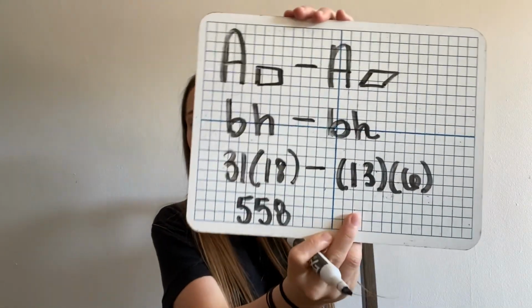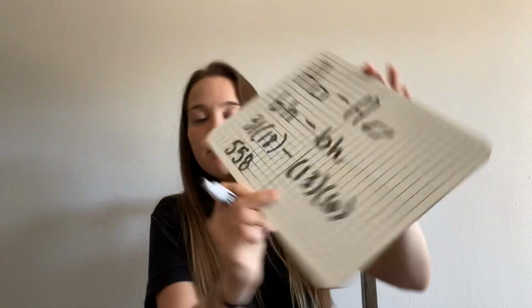Okay? So we have to solve that out. We've got to say, okay, well, 31 times 18 is 558. Could have done that wrong. Let's double check that. Yeah, 558. Do your long multiplication there. And 13 times 6 is 78.